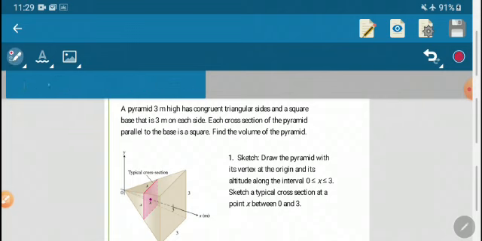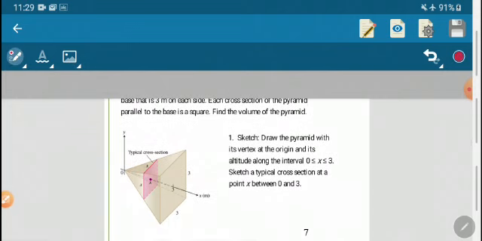Our volume is determined after integrating the area of this cross section, which is x squared, into dx from a to b, or from 0 to 3. That's all.